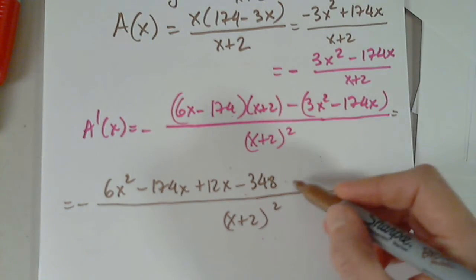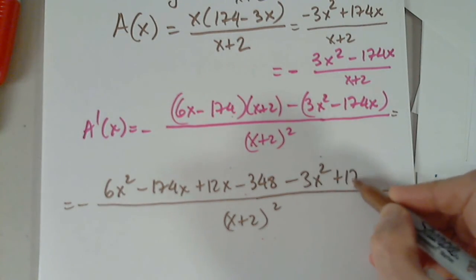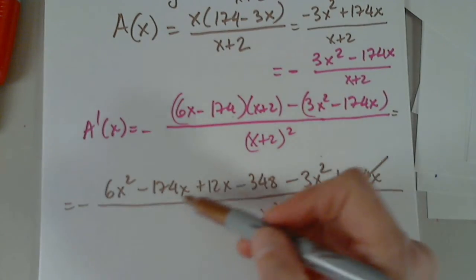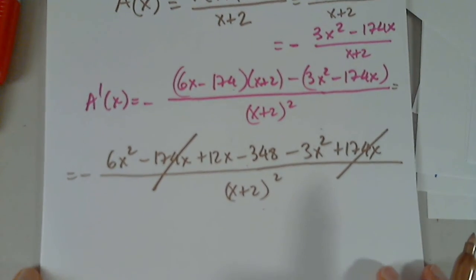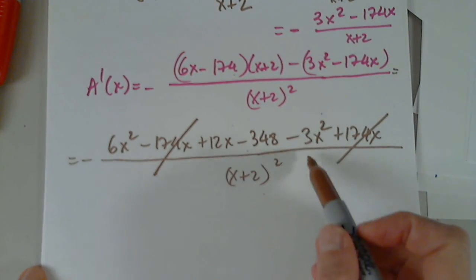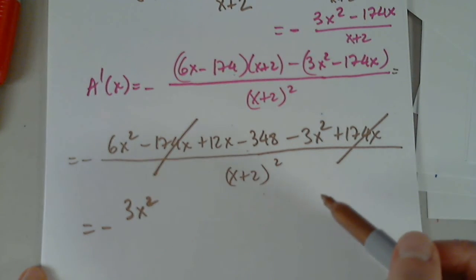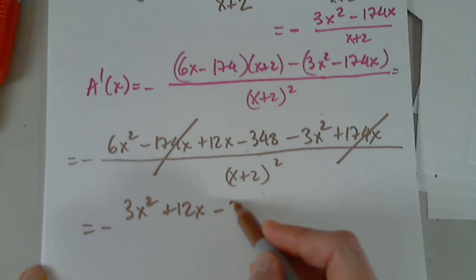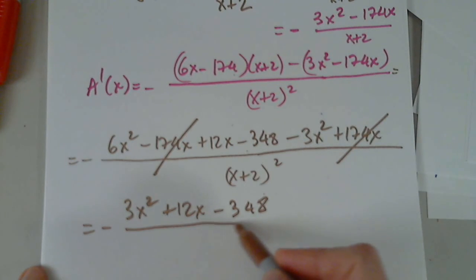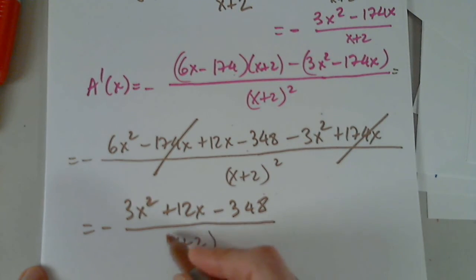Okay, minus 3X squared plus 174X. I'm so happy to see this going away. And then I have negative 3X squared plus 12X minus 348 over X plus 2 squared.